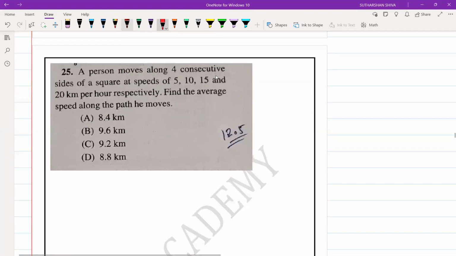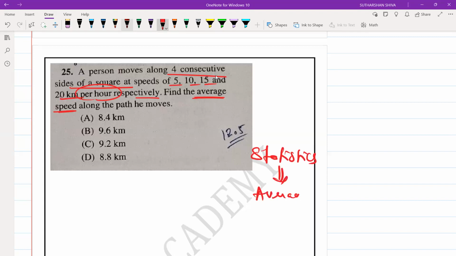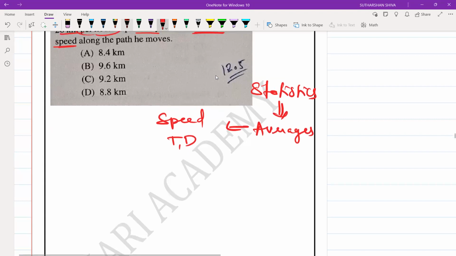A person moves 4 consecutive sides of a square at speeds of 5, 10, 15, 20 km per hour respectively. What is the average speed? Whenever in statistics you come across averages involving speed, time, distance, you will use harmonic mean.